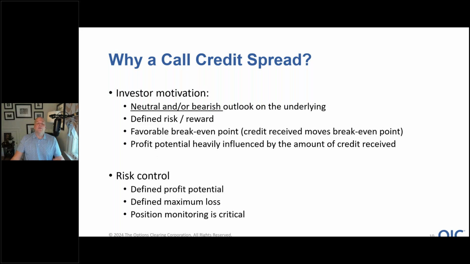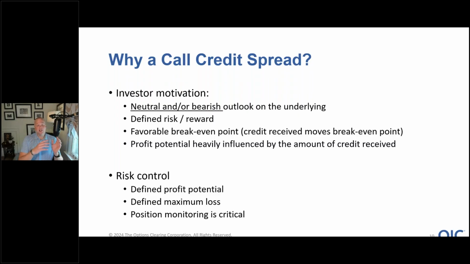Now, the risk control portion of this is also really important. I talk about this in different terms, but the reason I think risk control becomes important is that you have both long and short optionality built into this theoretical position. Anytime you have both long and short optionality, it matters more where the stock is relative to what strikes you have on. You need to pay closer attention to where the stock is relative to your strikes, because that affects whether you're long or short premium.